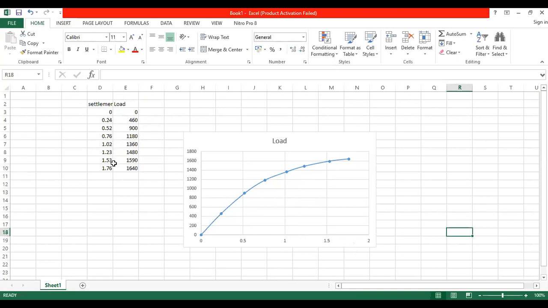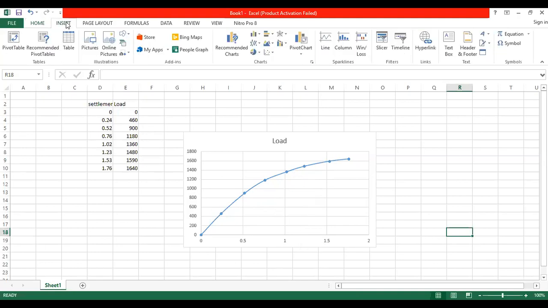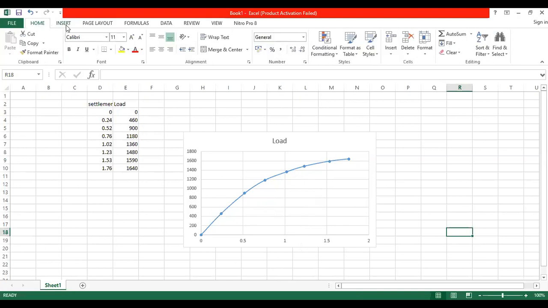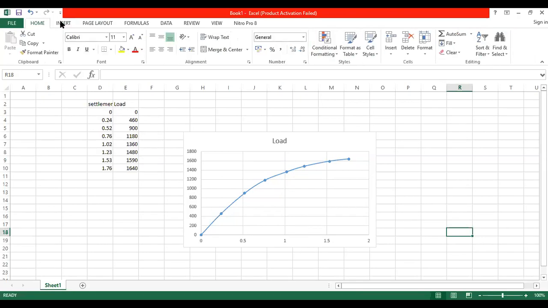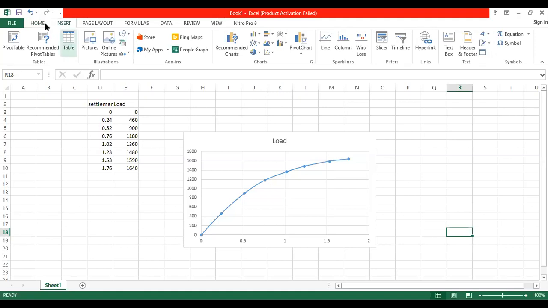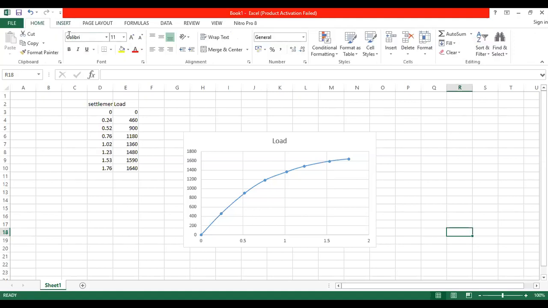Here I have taken in millimeter, so I have to obtain the value from the graph at 1.25 mm. 1.25 mm will be somewhere here, isn't it? If you just take 1.25 mm here, you will get the values.